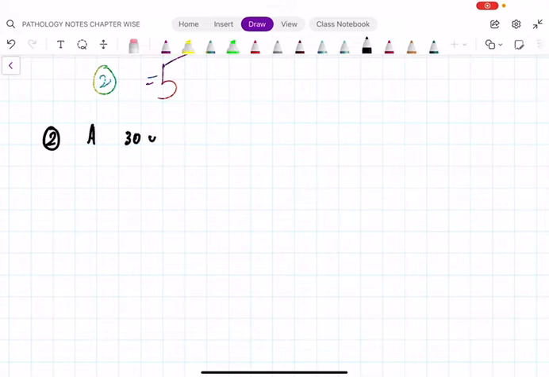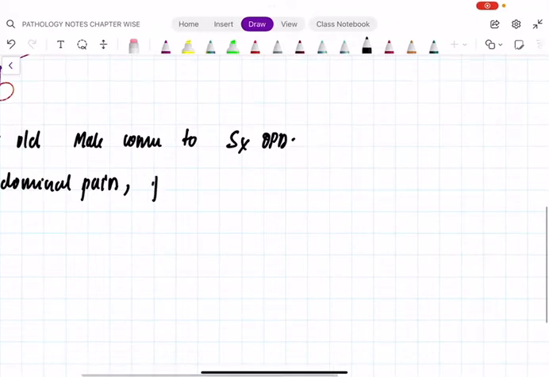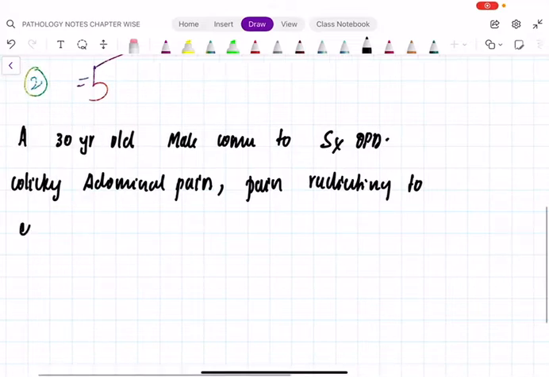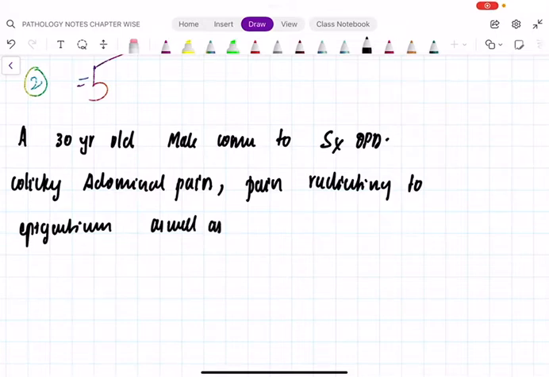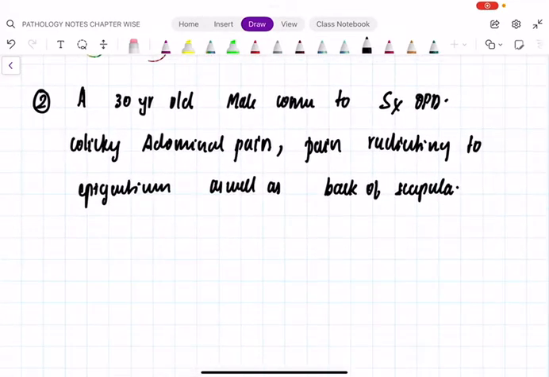A 30-year-old male comes to surgery OPD with complaints of colicky abdominal pain, pain radiating to the epigastrium as well as back of scapula.